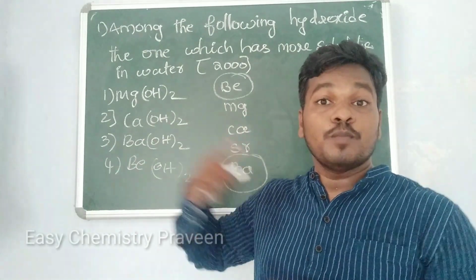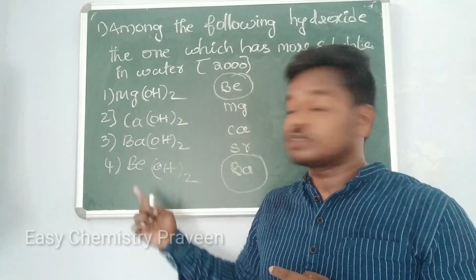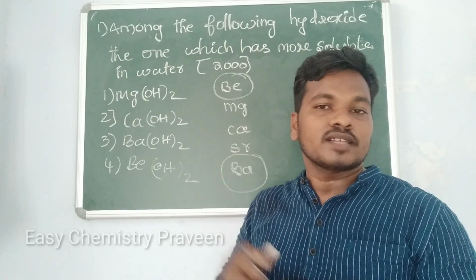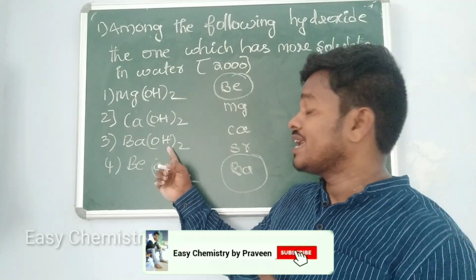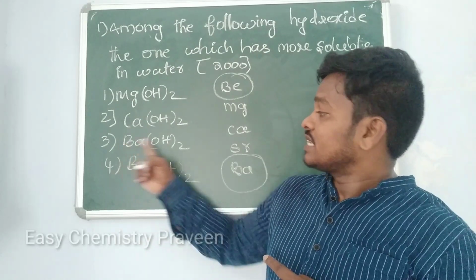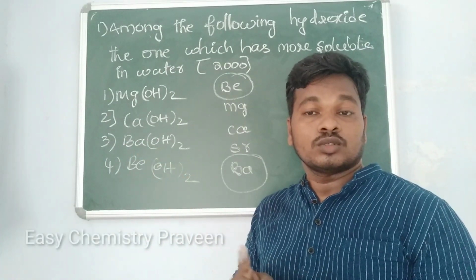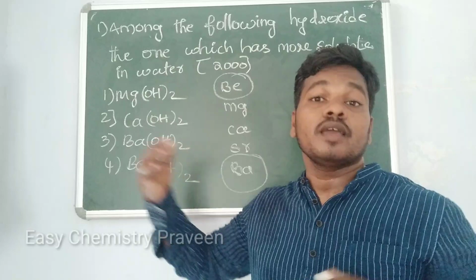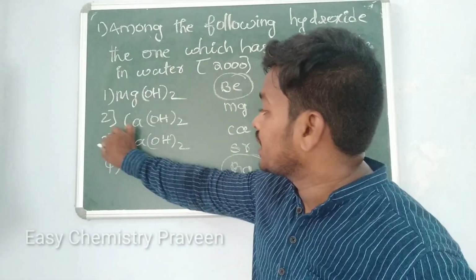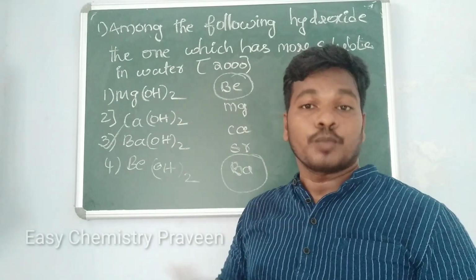The cation size is more with the hydroxide, and I have already written that the small size anion is like OH. So the cation has more size and the anion has small size, so there is a more size difference, and automatically the solubility product will be more.